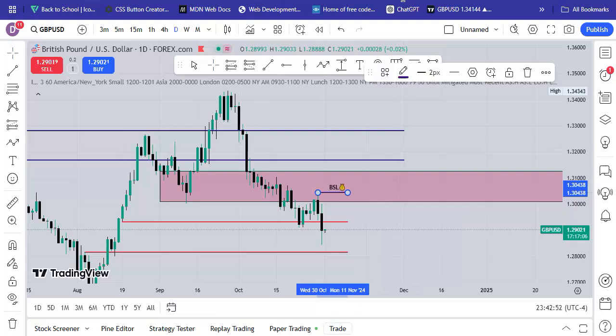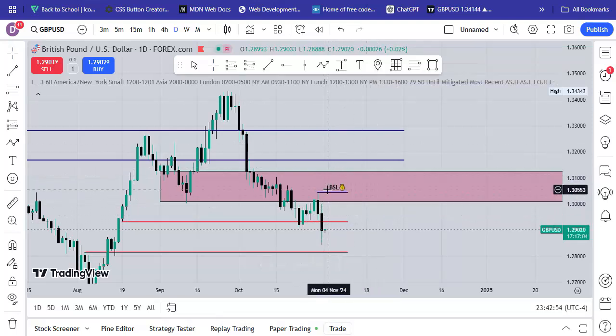So price could come take out this high, this daily high, the previous day high, which is for Wednesday. That will be the manipulation phase, and then distribution. So we start going down. What do I mean by that? We've been coming down, right?